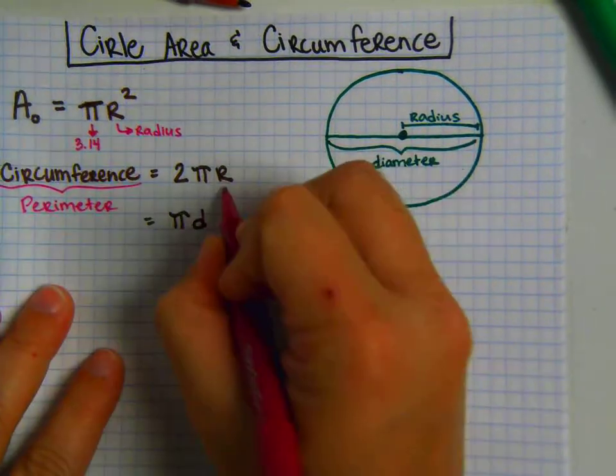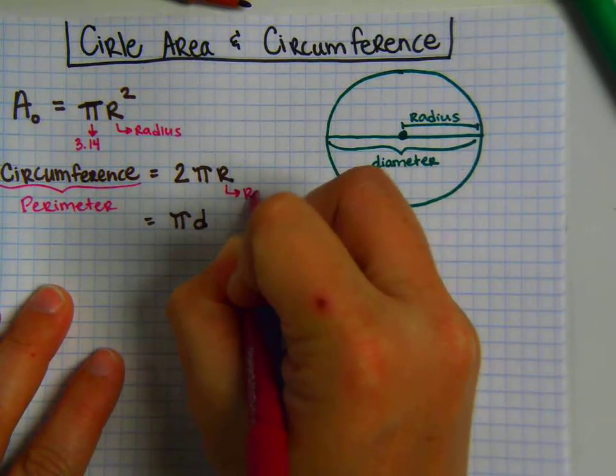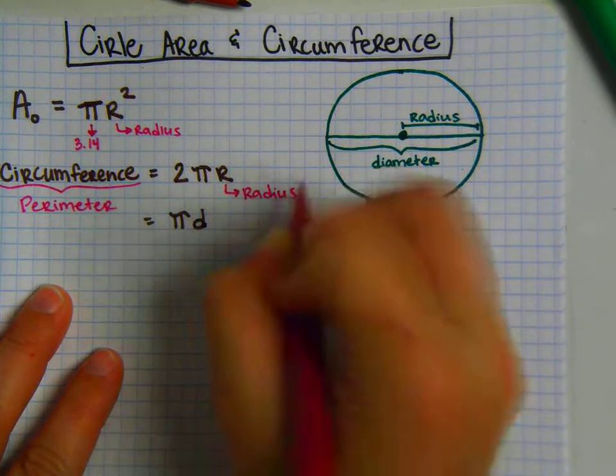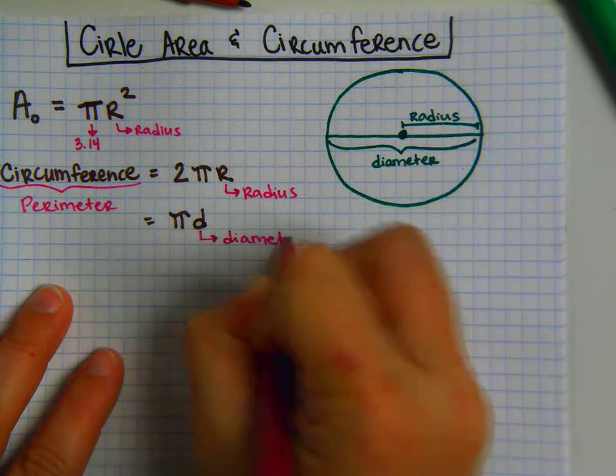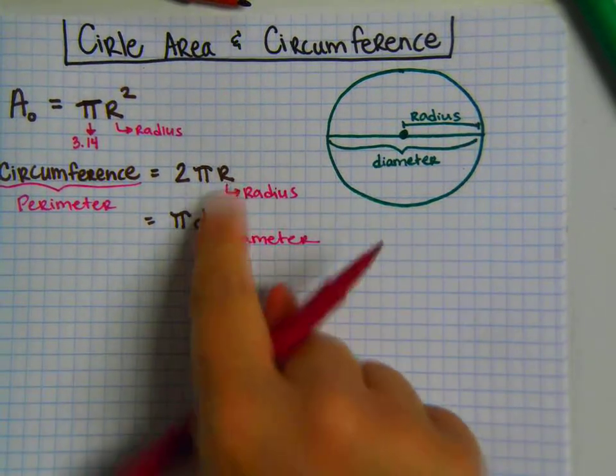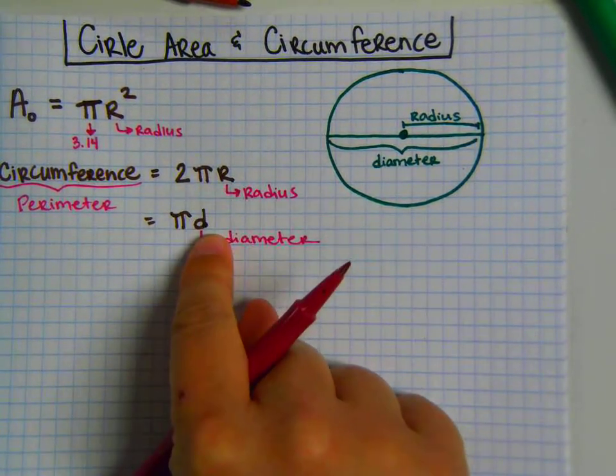So again, r stands for radius. D is the diameter. And those are the same thing because 2 r's is 1 d, so that works out.